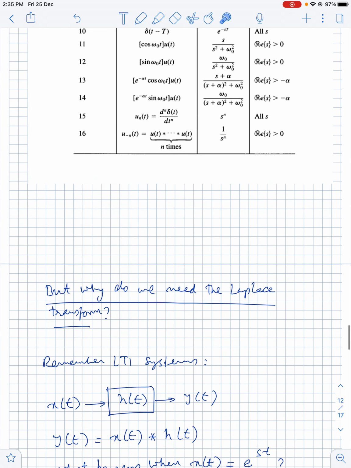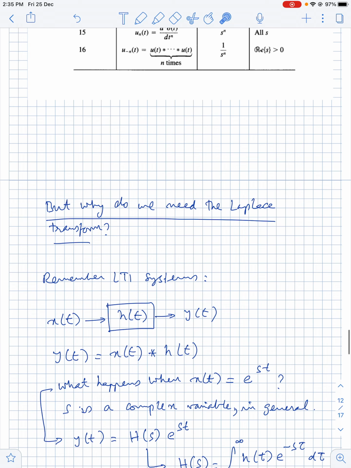Fine. So now we saw the mechanics of the Laplace transform. We saw an example of how you compute the Laplace transform, and we also saw an example of how you compute its inverse. But we still haven't answered the question: why do we want the Laplace transform? We already have the Fourier transform. The Fourier transform also represents a signal in terms of complex exponentials, and it is also termed frequency analysis.